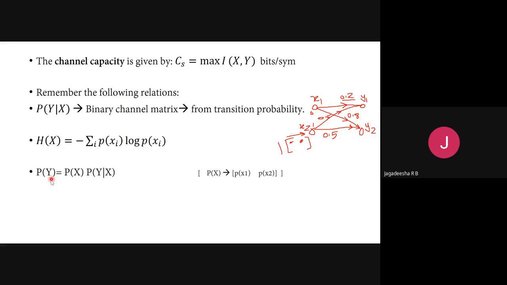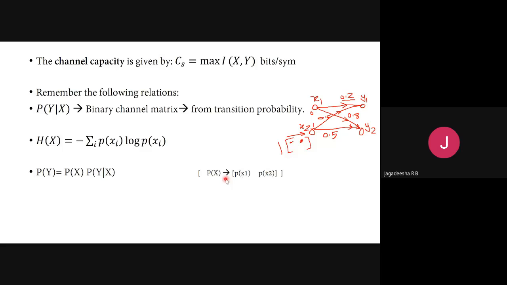And next, the probability of output is equal to probability of input multiplied by the conditional probability of output. Okay, so here we know the probability of input. The probabilities here are of x1 and x2. What are the probabilities of x1?